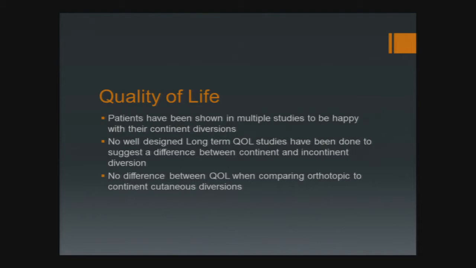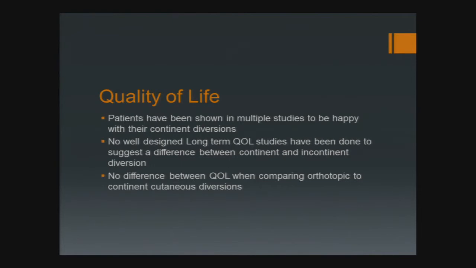There have, however, been no well-designed, long-term quality of life studies comparing a conduit to a continent diversion. Some of the smaller series will suggest both ways. So it would be a good study to do to see if it's actually worth doing these surgeries.